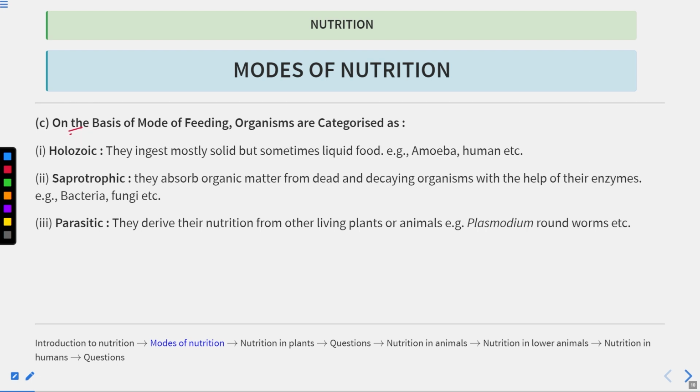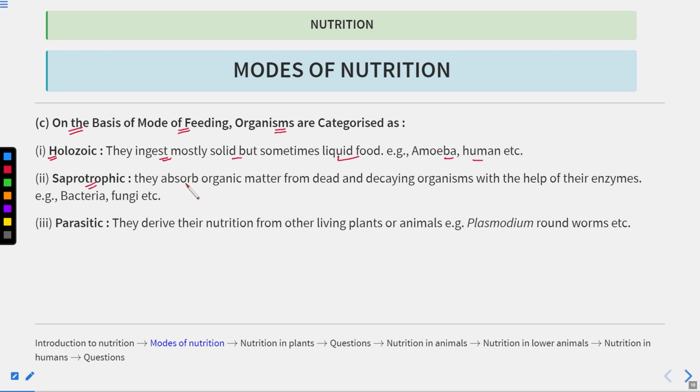Now, on the basis of mode of feeding, organisms are characterized as, first, holozoic. Holozoic organisms ingest mostly solid, but sometimes liquid food also. Example is amoeba and human. So humans are also holozoic. Now next is saprotrophic.